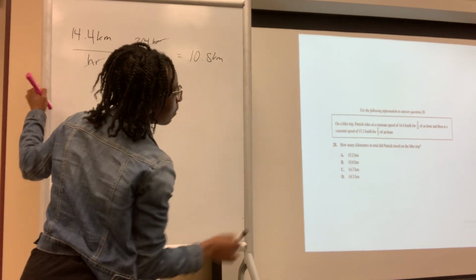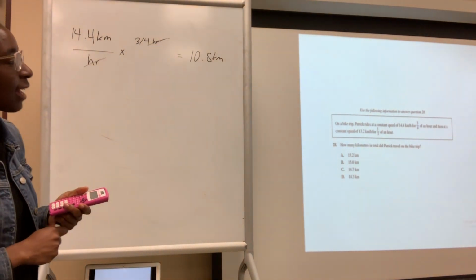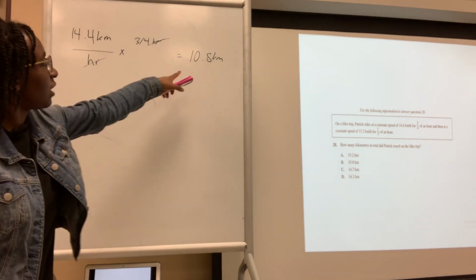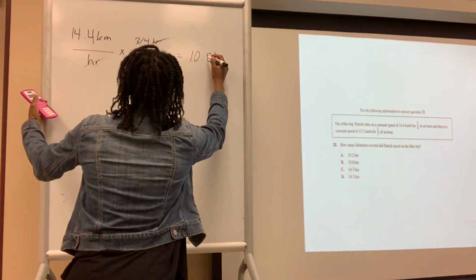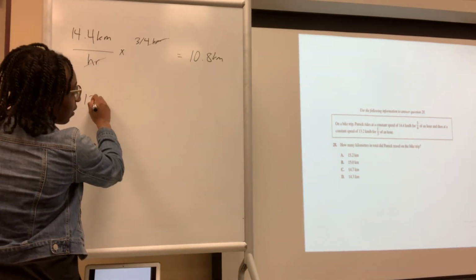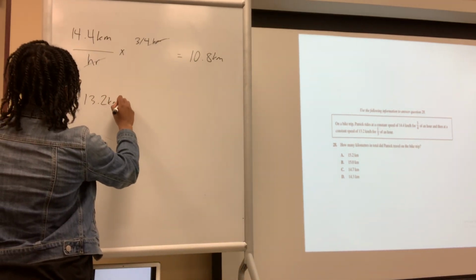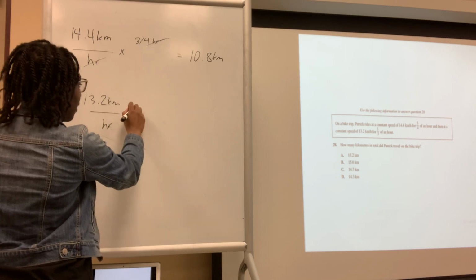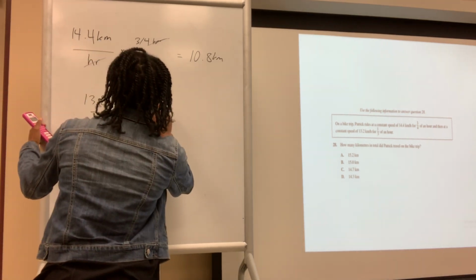So for the portion of the trip that he rides at that speed, that's how much he's traveled at that time. Then for the next section, we just do the exact same thing. 13.2 kilometers per hour times 1/3 of an hour.